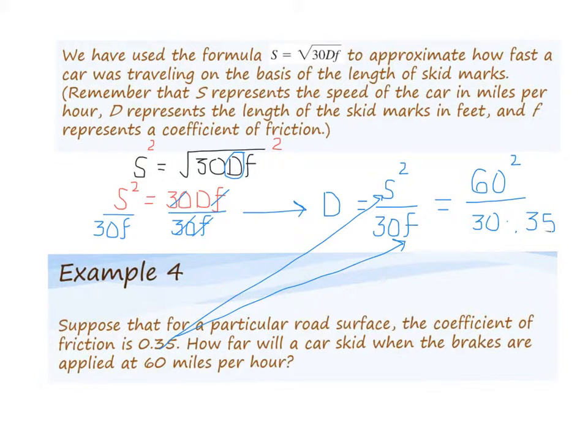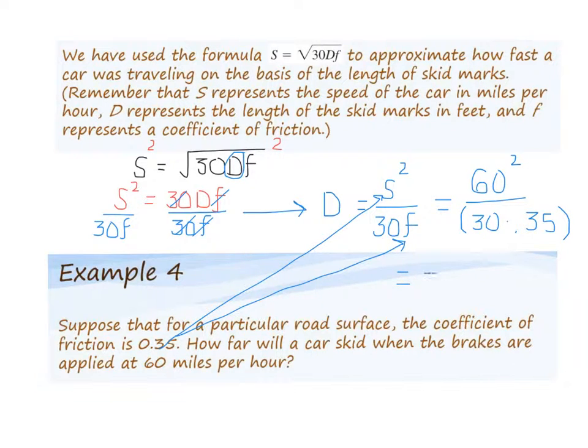Now, what's key here is when you go to plug this in your calculator, because there's an operation in the denominator, it is crucial that you enclose that denominator in parentheses. Okay? So I'm going to type 60 squared divided by, open paren, 30 times 0.35, closed paren.